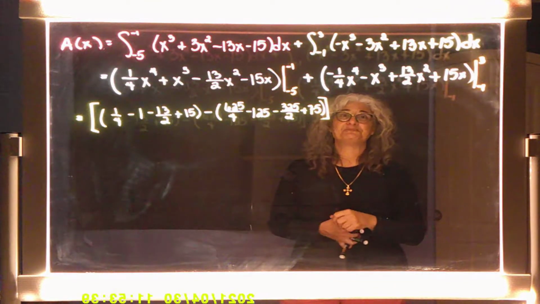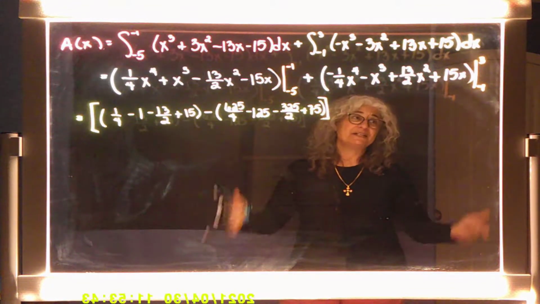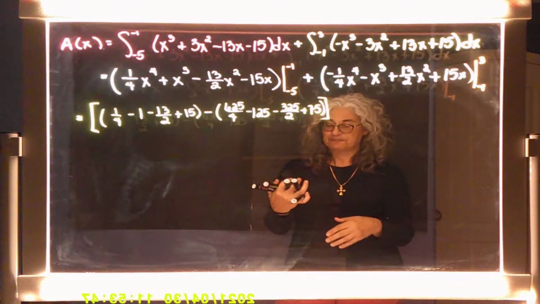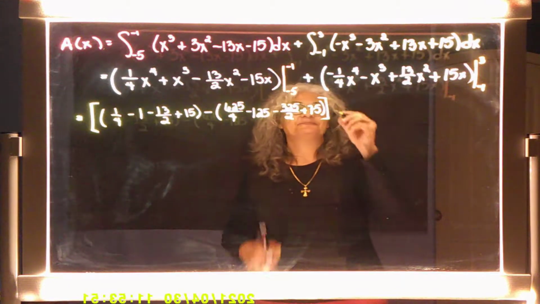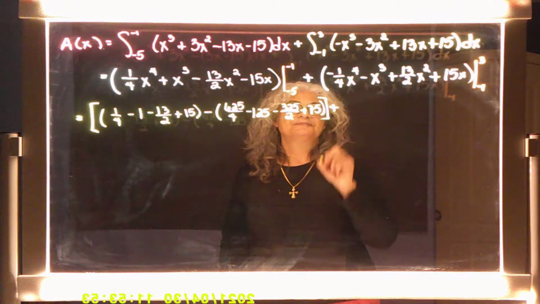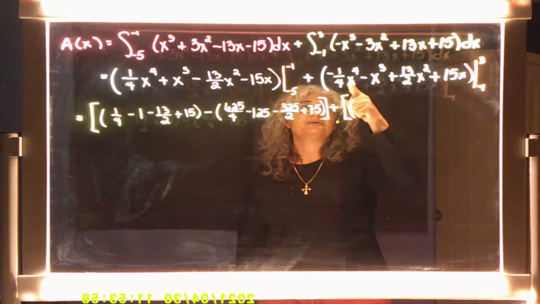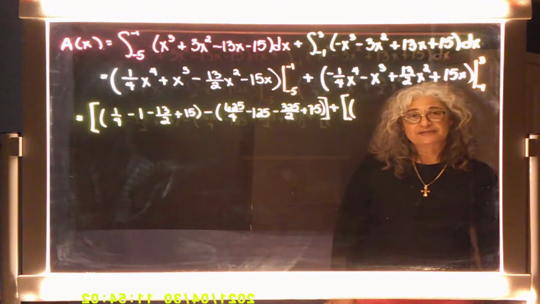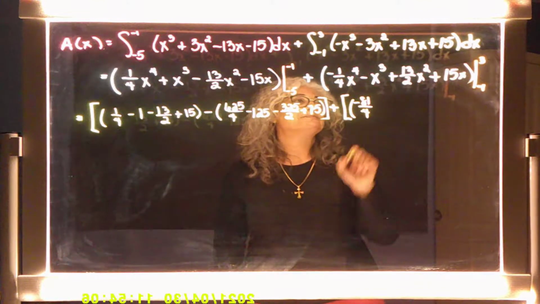All right. I wish the other part had the same numbers, but they don't, except for the -1. I'm going to have to plug in that 3. So, plus, and plug in that 3. What's 3 to the power of 4? 81 times a -1/4, -81 over 4.